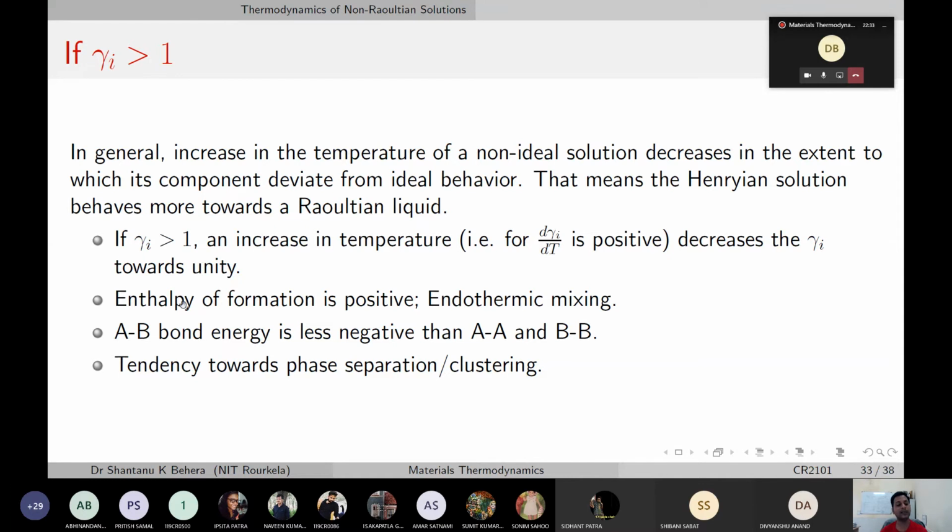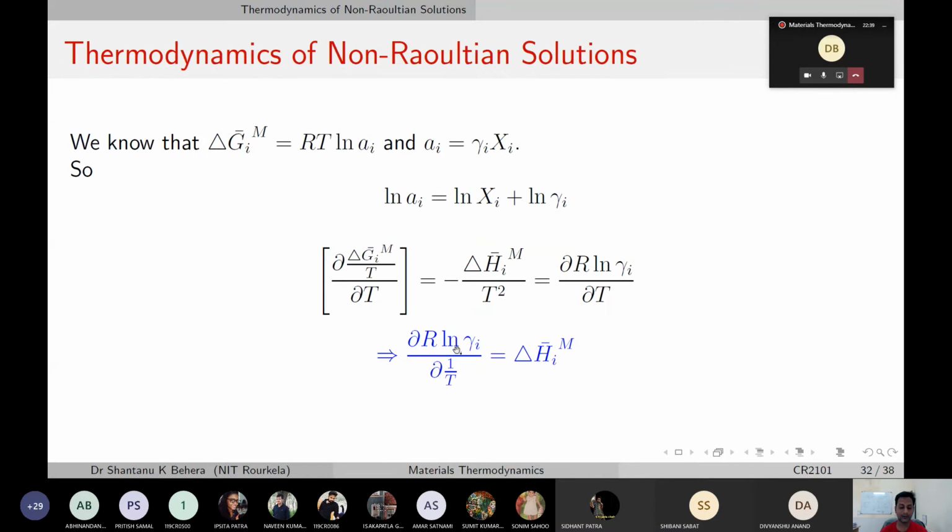And that would show that the enthalpy of formation is positive. Can we see that here? If gamma I is more than 1 and we increase the temperature, gamma I is reducing, because from more than 1 it will come towards 1. And if you increase the temperature, what is happening to this part?